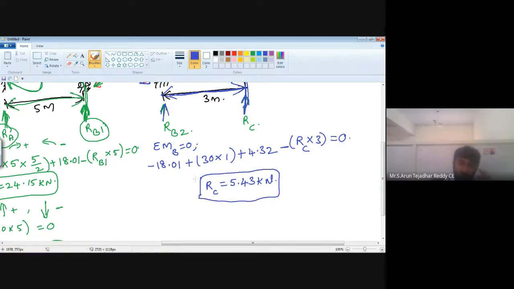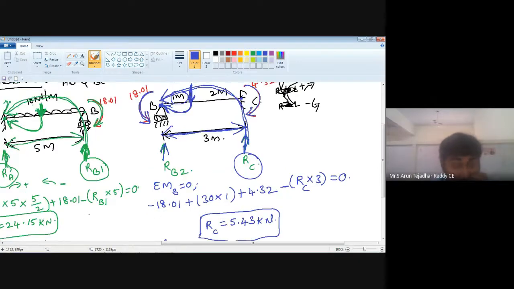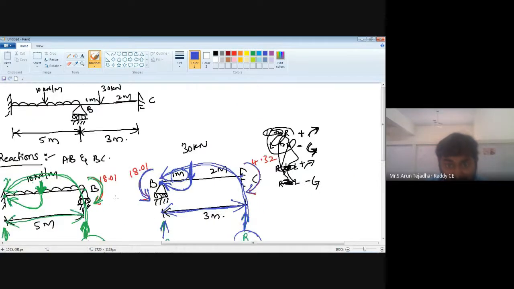Okay. Now RC is completed. What about RB2? For RB2, apply the other equation of equilibrium, that is summation of vertical force is equal to 0. In the second diagram, what are the vertical forces? RB2, RC and the 30 kilonewton. Our sign convention is that all upward forces are considered positive and all downward forces are considered negative.